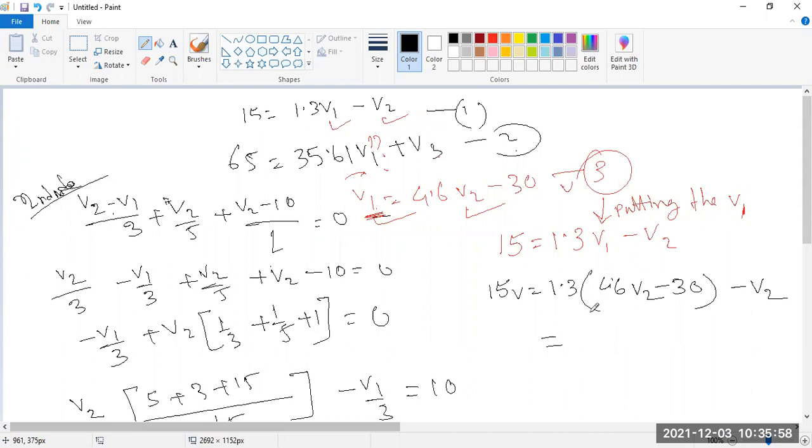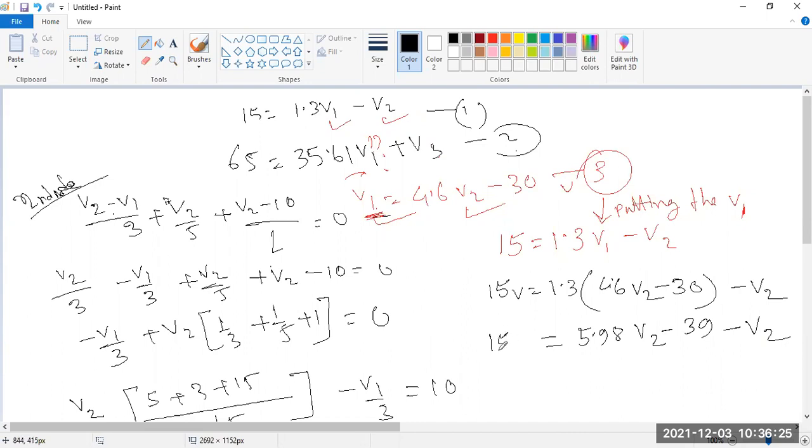So what will we get? Just 1.3 multiplied with 4.6. It will come near about 5.98 V2. And this is 1.3 multiplied with 30, it comes 39. So we get minus V2.